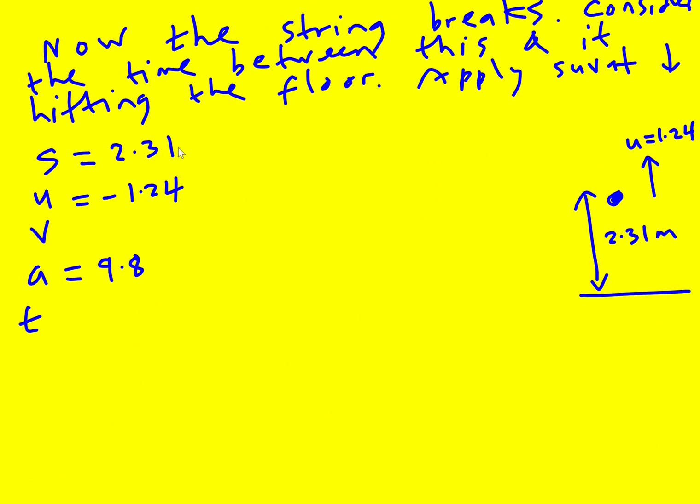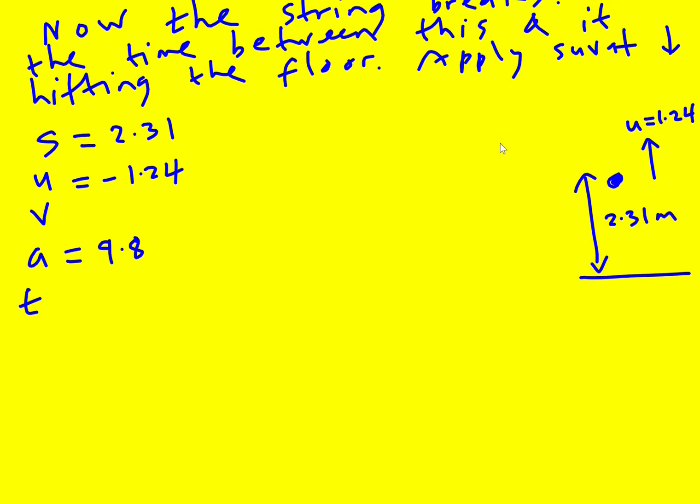I've got that s is 2.31 because I'm interested in it traveling that distance to the floor. So I want to find t. I've got u and a. It's going to be another case of using s equals ut plus a half at squared.